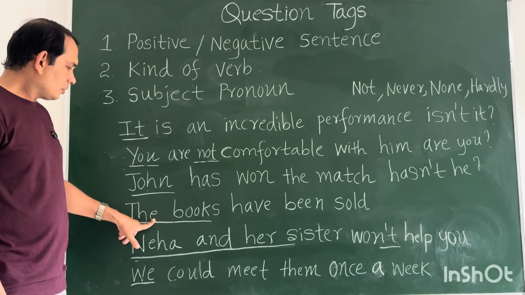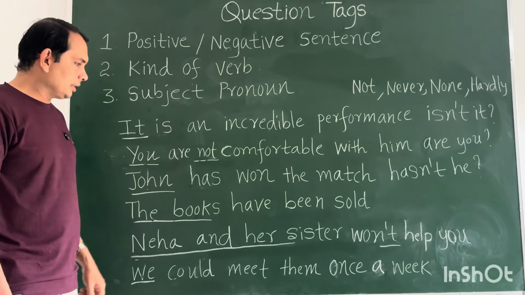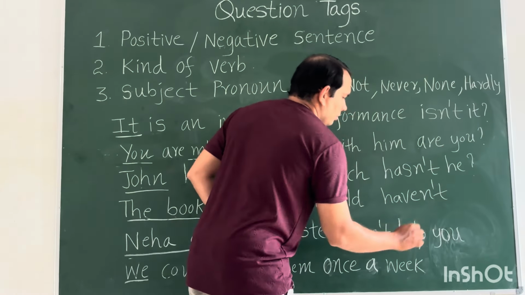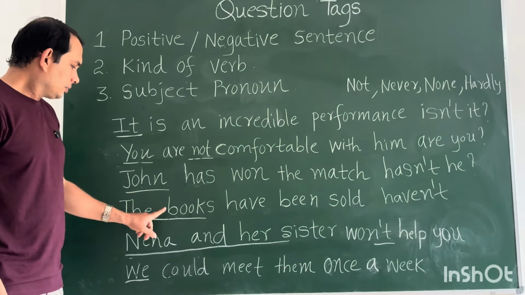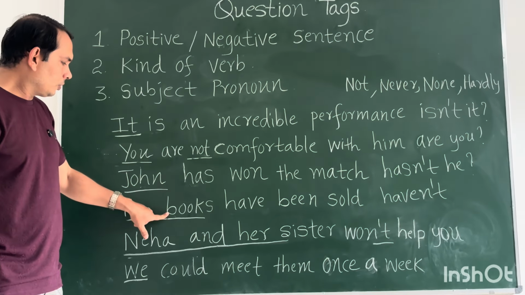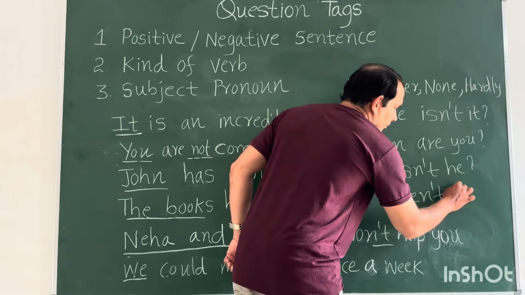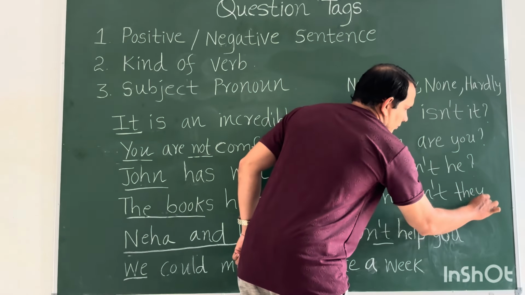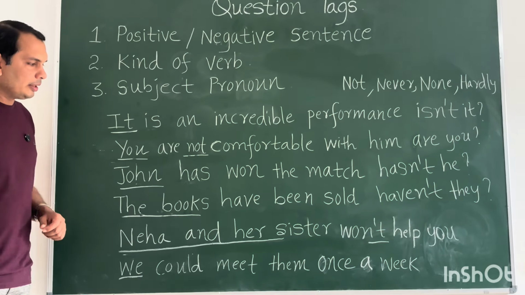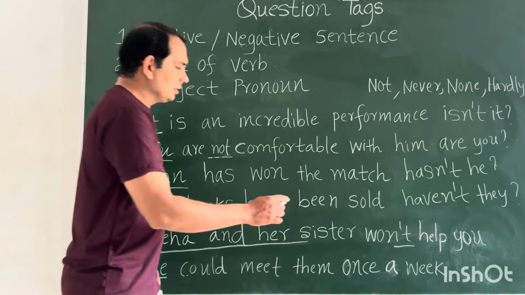Let's look at this one. The books have been sold. This is a positive sentence. So we add not, haven't. This word is the subject of the sentence. This is plural. For a plural word, we use the pronoun they. Haven't they? Neha and her sister won't help you. This is a negative sentence.